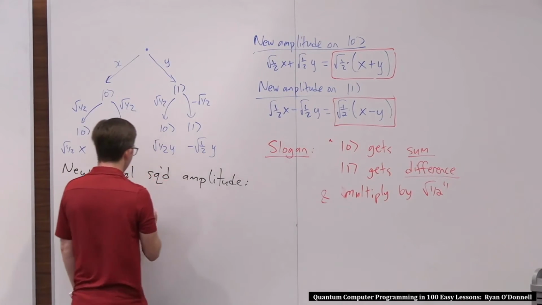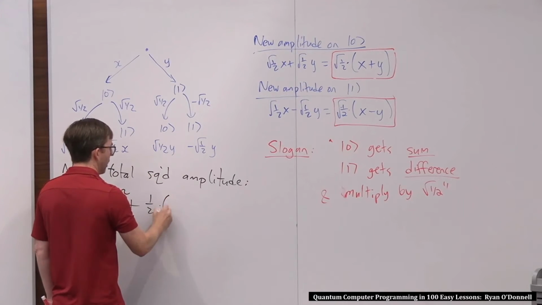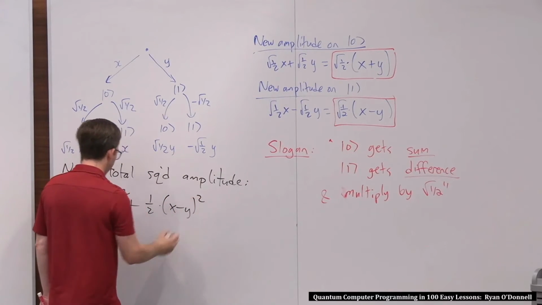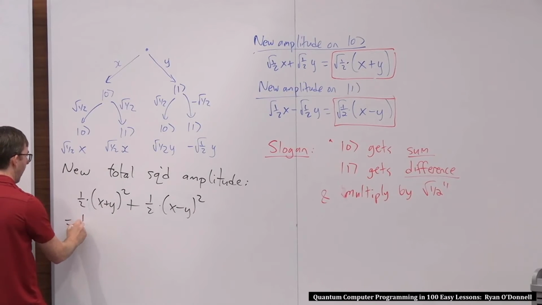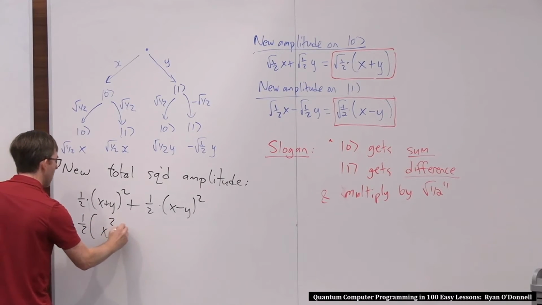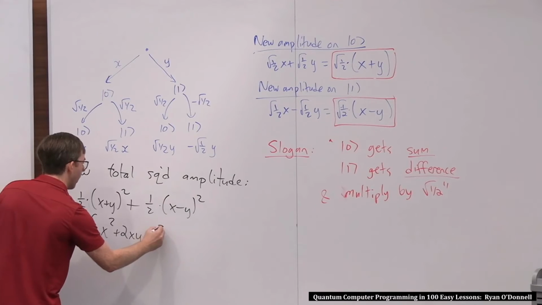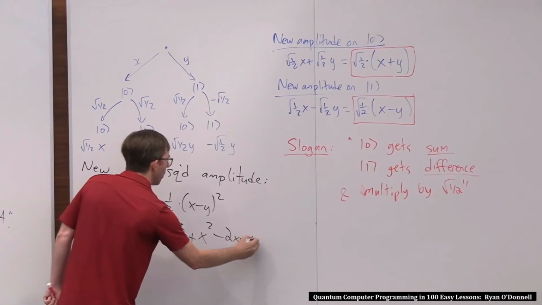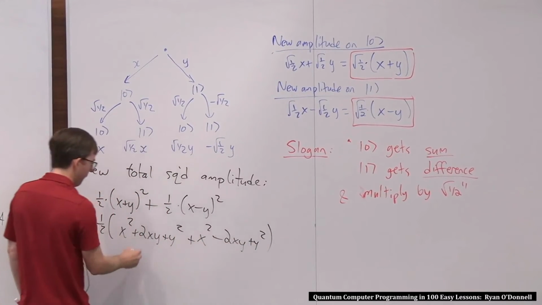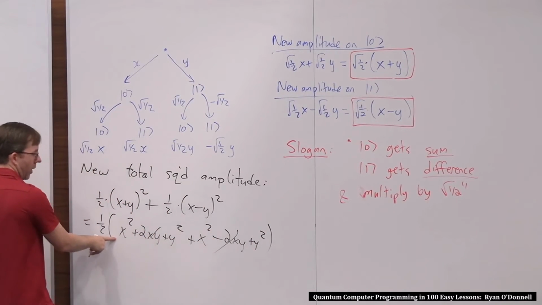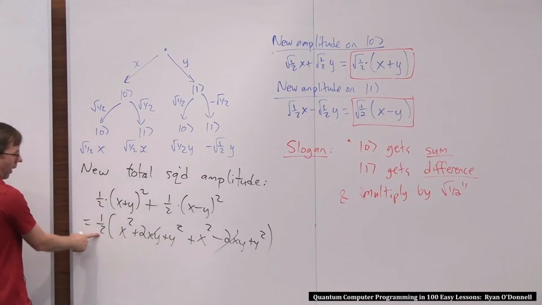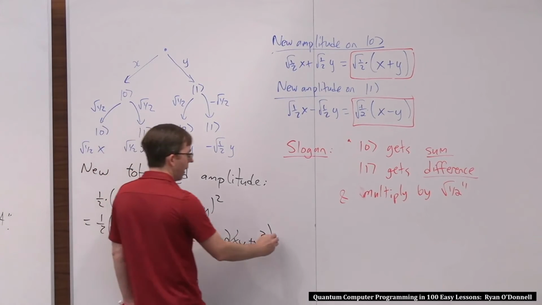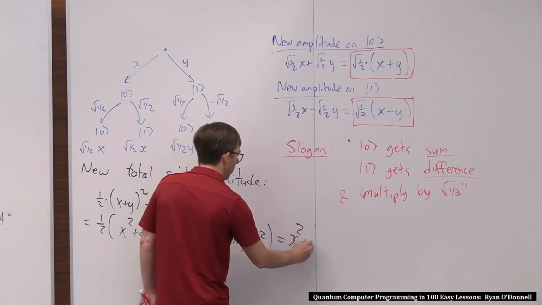If we square this, we get a half times x minus y squared. We can factor out the halves again: half of x squared plus 2xy plus y squared, plus the square of this, x squared minus 2xy plus y squared. These cancel. We get 2x squared, 2y squared, but times a half. So that's x squared plus y squared.